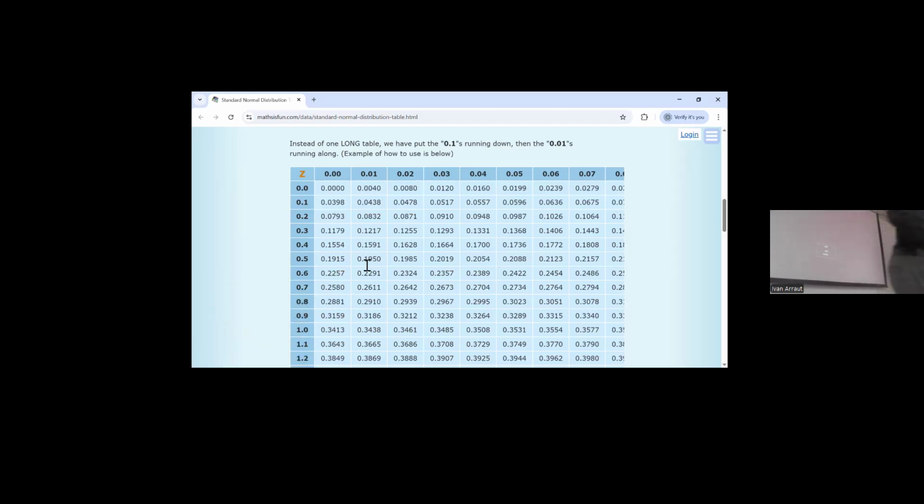So this 0.1950 is the area between this point to here, which actually 0.51 should be lower, but it's this area between here to this point. And the same with the others. Okay?